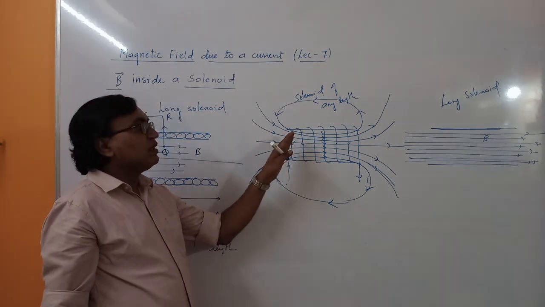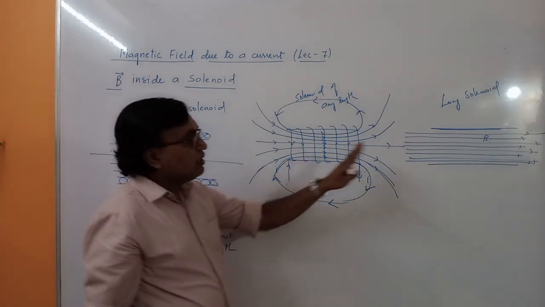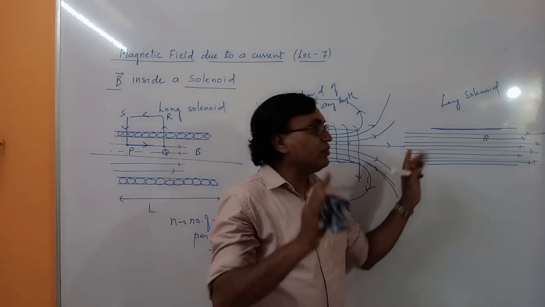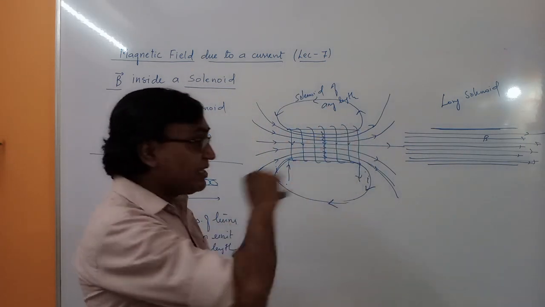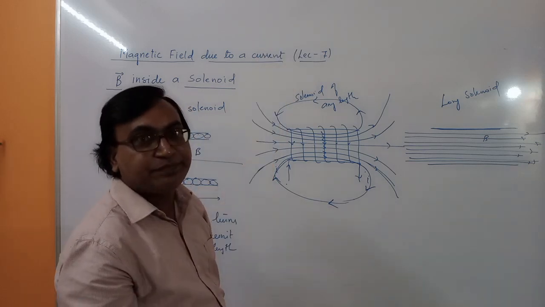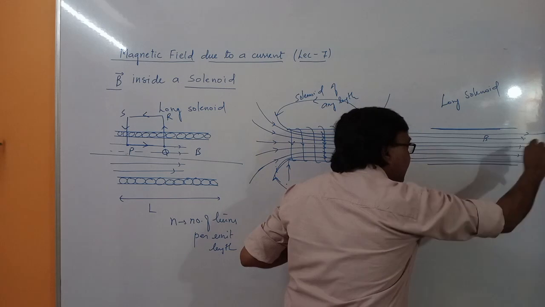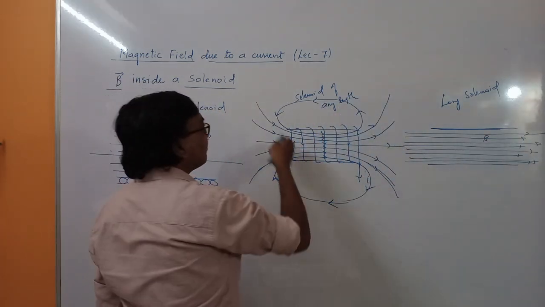This is actually the magnetic field lines for any solenoid. This is for a long solenoid. Magnetic field is almost uniform inside the solenoid and the direction is along the axis of the solenoid. So only two possibilities: it may be in this direction or in this direction. It depends on the current flowing in the solenoid.